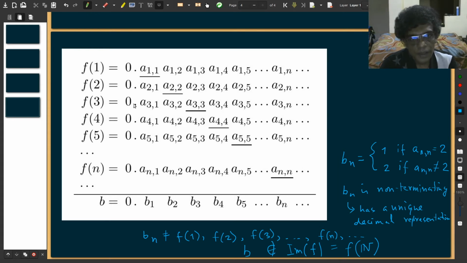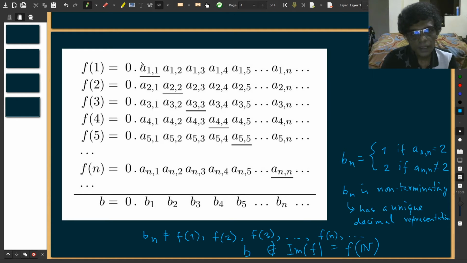So this proves that the interval [0, 1), closed at 0, open at 1, is uncountable, and therefore the set of real numbers is also uncountable. Okay, so I will talk about the relative size of the [0, 1) interval and the entire real line a little later.